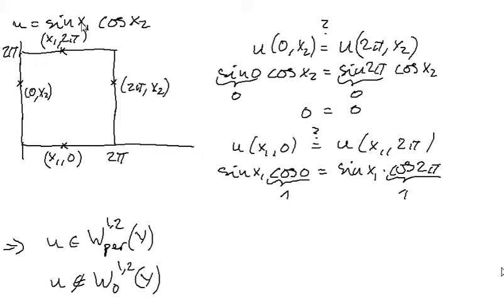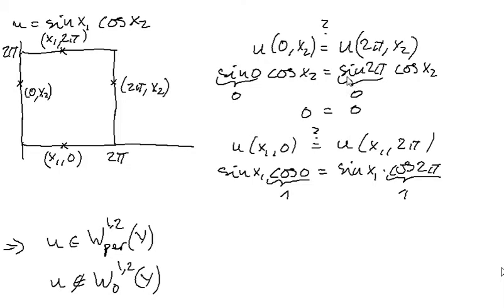replacing x1 with 0. Doing this, we obtain sine of 0 multiplied with cosine of x2. So this is equal to this. So we are going to consider whether this is equal to u of 2 pi, x2.